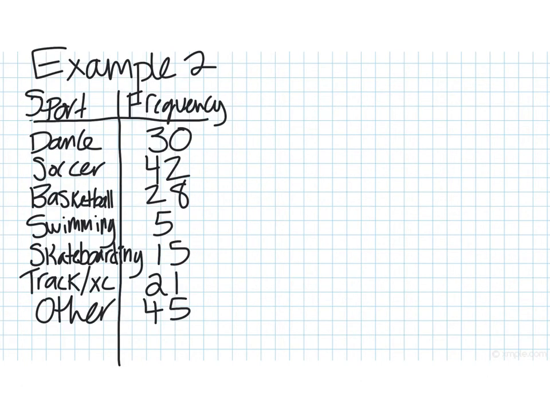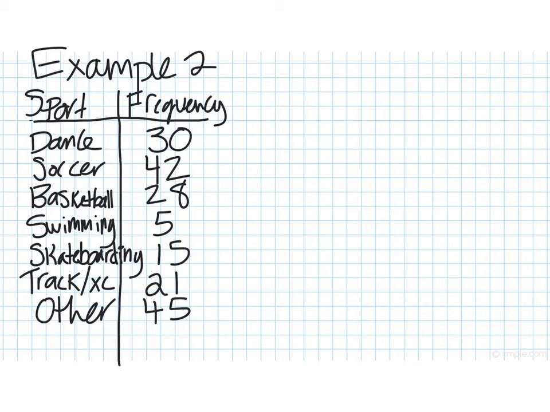All right, let's do another example, and this time I want you to pause and make the bar graph, and then click play and see if you did it the same way I did. This time we're going to say that I asked all my students what their primary sport was, and 30 of them said that they danced, 42 of them said they played soccer, 28 said they played basketball, 5 of them were swimmers, 15 preferred skateboarding, 21 did track or cross country, and then 45 of them said it was something else that wasn't on my list.